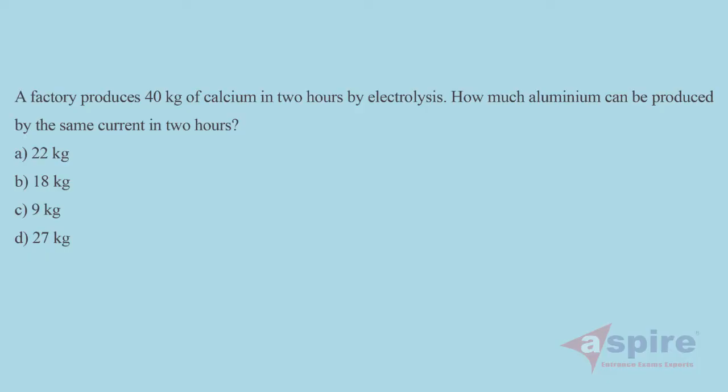We are going to find how many kilograms of aluminum can be prepared with the same amount of current passed during electrolysis. In the question they are giving calcium.